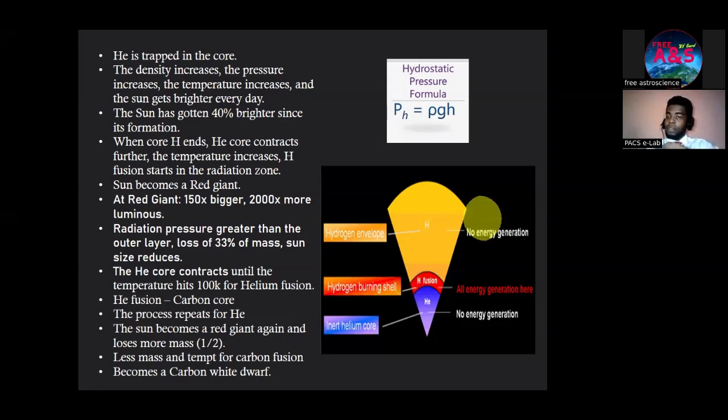So from this formula again, the pressure will increase even more. Heat is going to be generated even more, and the output energy will be even more. So the star will become another red giant.